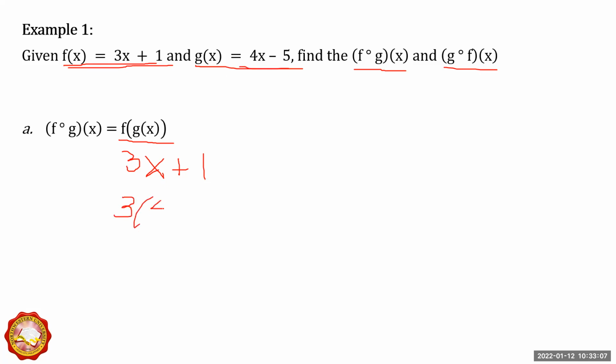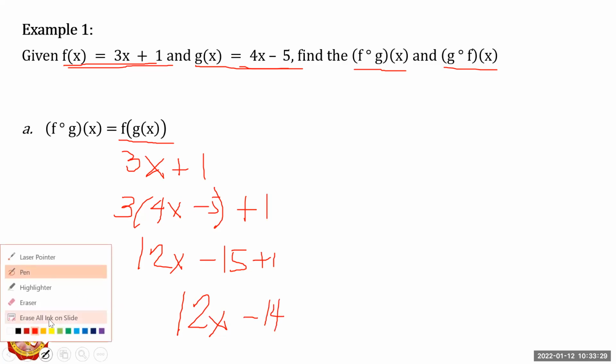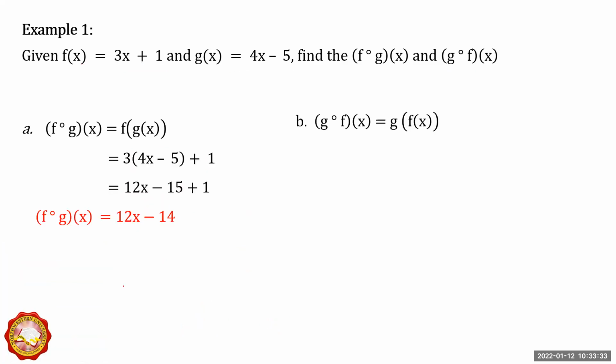So, that would give you 3 times the quantity 4x minus 5, plus 1. So simplifying, that would give you 12x minus 15 plus 1 or just 12x minus 14. Therefore, your F circle G of x is just 12x minus 14.